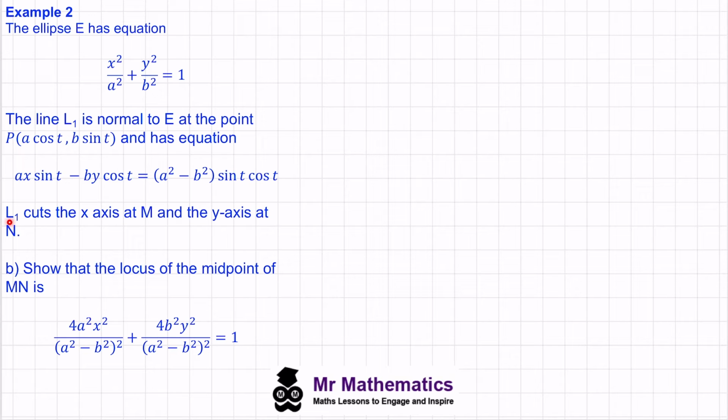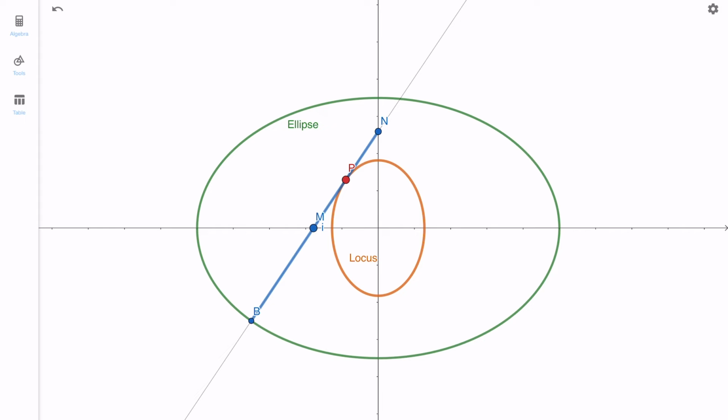The normal, L1, cuts the x-axis at M and the y-axis at N, and we've been asked to show that this is the locus of the midpoint of MN. So this is the locus of the orange ellipse, which is here, okay?